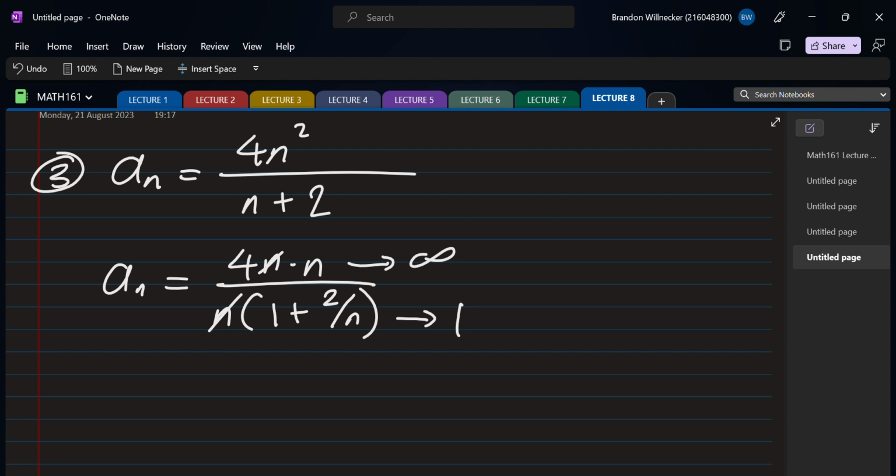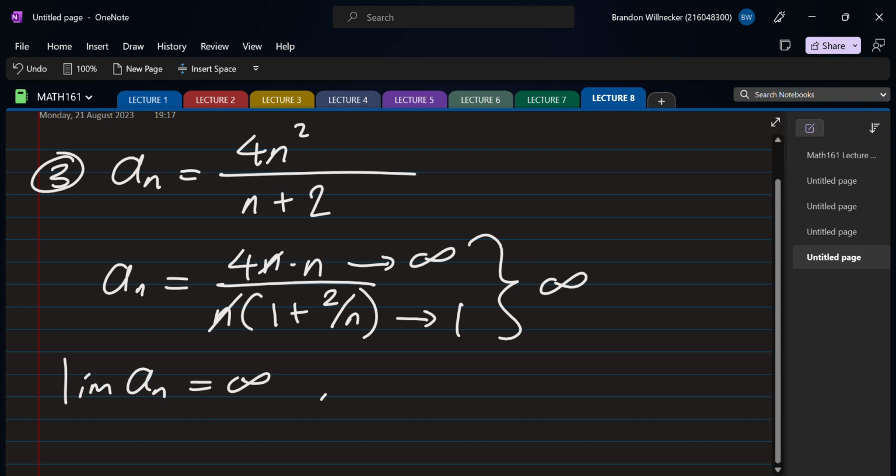So if the top part goes to infinity, and the bottom part just goes to 1, that means the whole thing goes to infinity. Okay, so in the limit, this will be infinity. So we can write this as the limit of an is equal to infinity, and so it diverges.